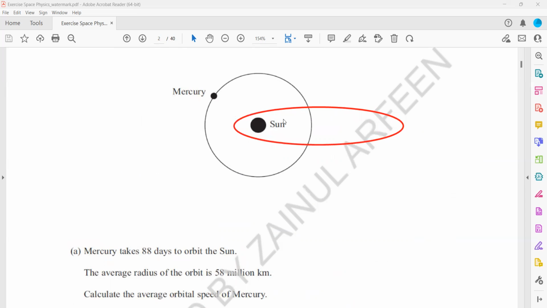Can you label the point X where the comet is traveling faster? What should be the position? Where should X be? So this will be X. It is the point closer to the sun, because when it is closer to the sun, the potential energy is less, so kinetic energy is more. You can label X here too. The potential energy is less, so it will have greater kinetic energy, so it will move faster.